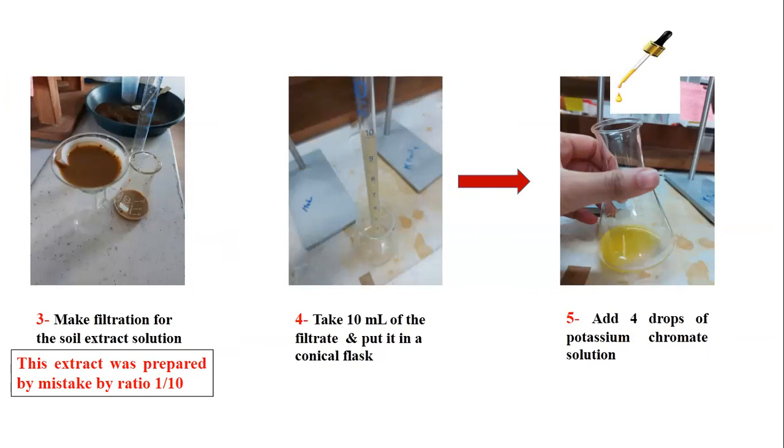After filtration, we take 10 ml of the filtrate and put it in a conical flask. Then we add 4 drops of potassium chromate solution. So the color of the soil filtrate became yellow.